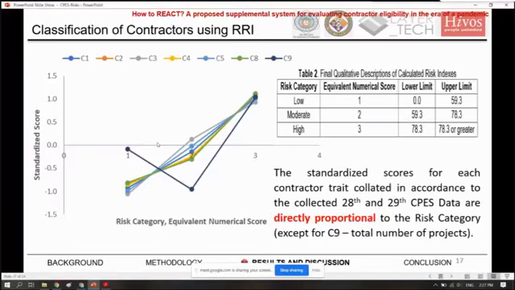Traits collated in accordance to the collected 28 and 29 CPES data are directly proportional to the risk category.